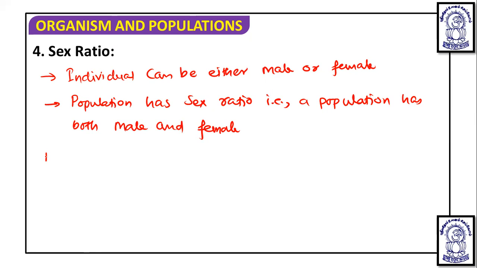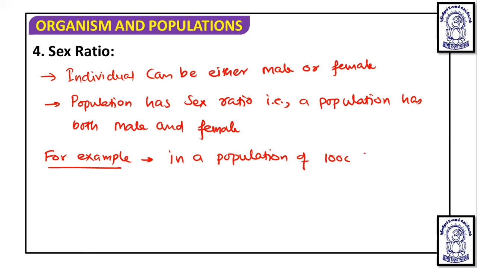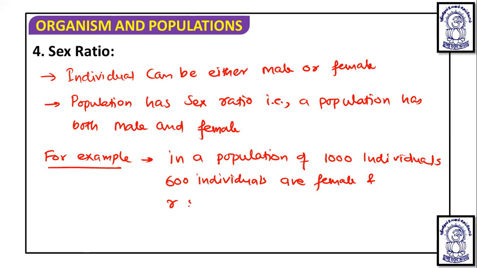So if we take an example, for example, in a population of 1,000 individuals, 600 individuals are female and the rest of them are males.